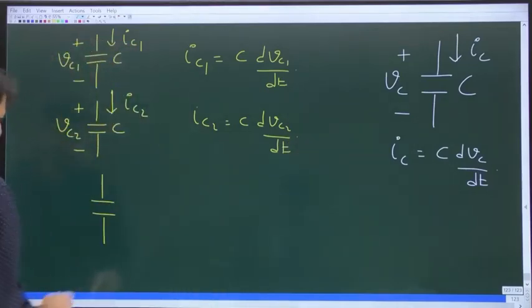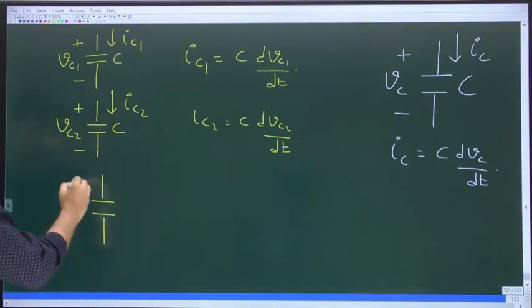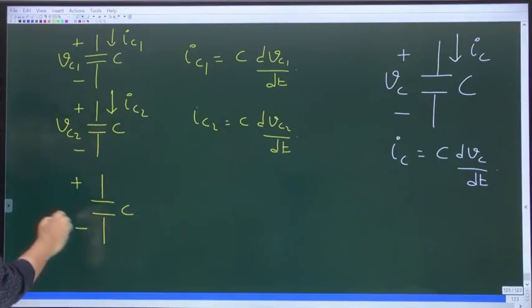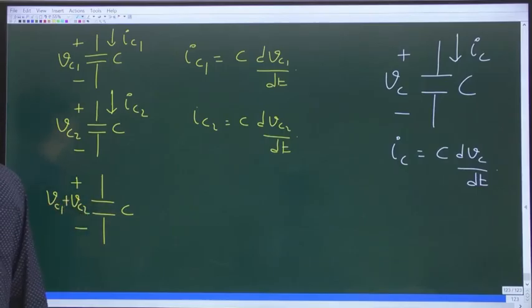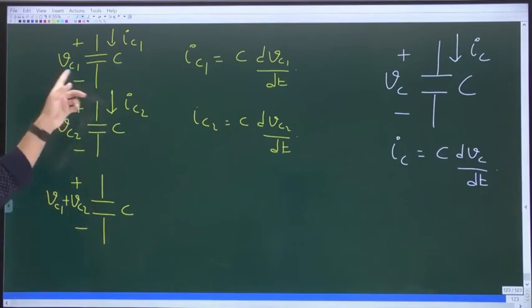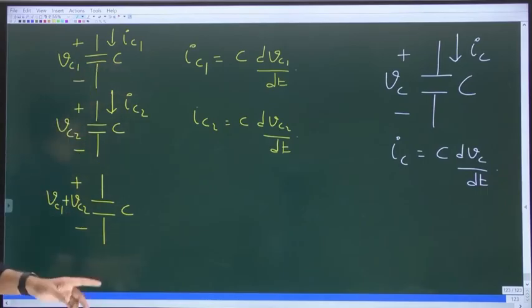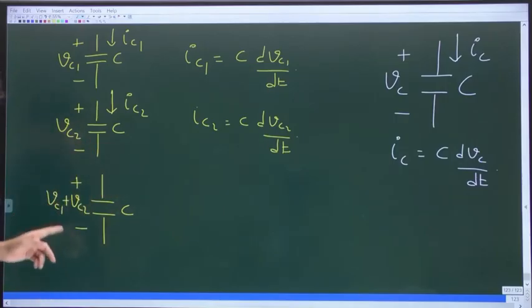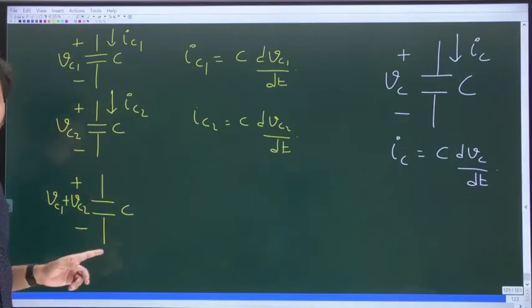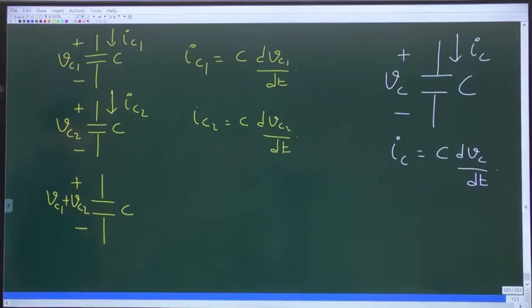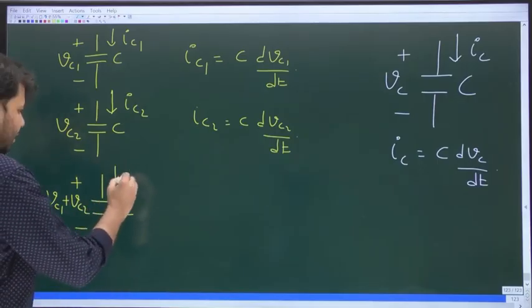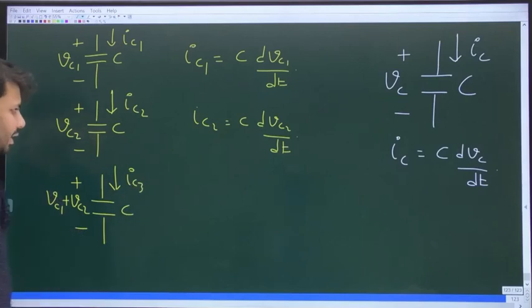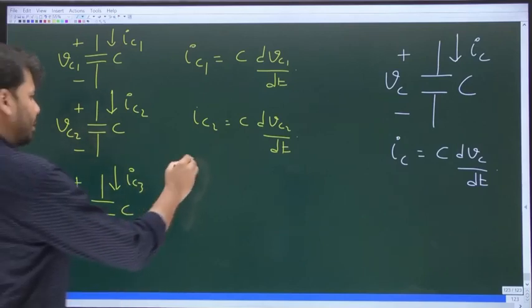Now again you take the same capacitor of value C. This time let the applied voltage across the cap be some Vc1 plus Vc2. First case we applied Vc1, the current is Ic1. Second case we applied Vc2, the current is Ic2. Third case the applied voltage across the cap is Vc1 plus Vc2.